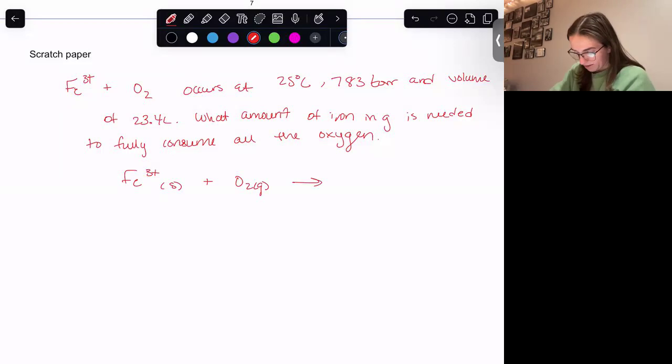And those are going to react to form iron oxide, Fe2O3. So then we need to balance this. This is a 2, this is a 3, this is a 4.